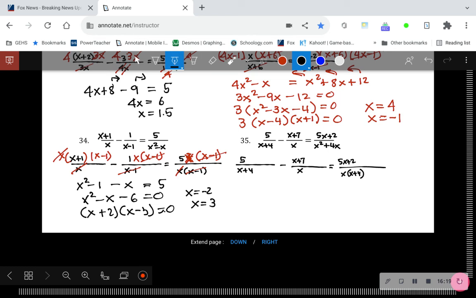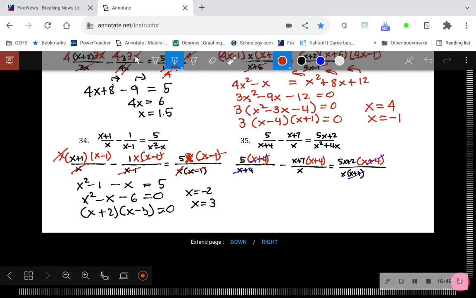Okay, I've got the next one set up, and I'd like to point out that I've factored this one down here. So we have to get rid of an x plus 4 to start with. And that'll cancel this x plus 4 and the original up here.